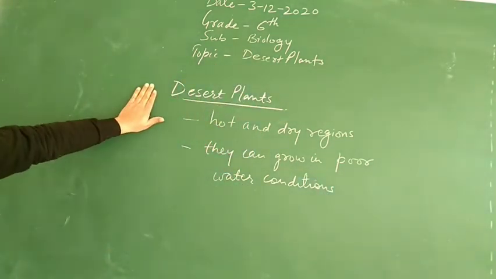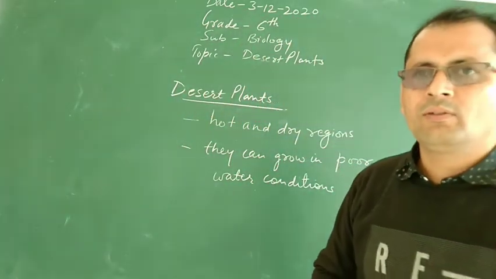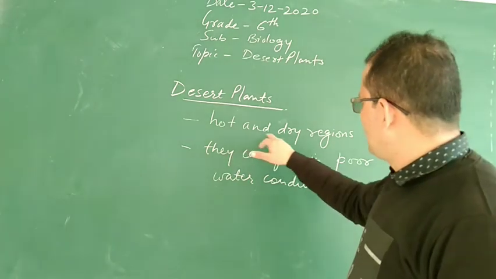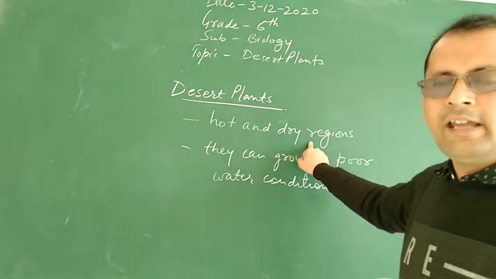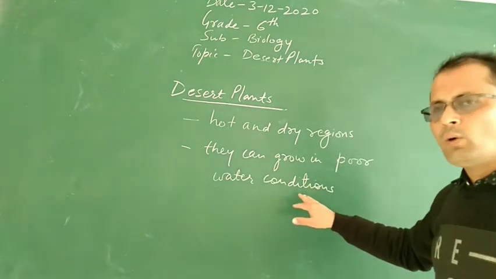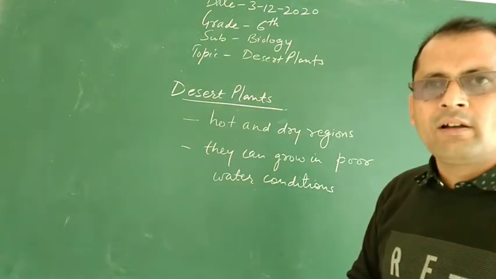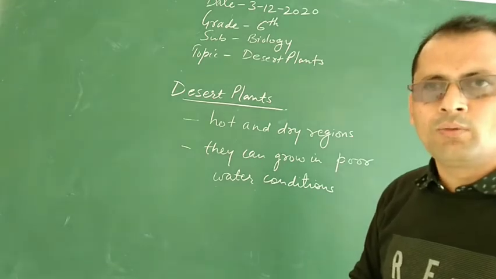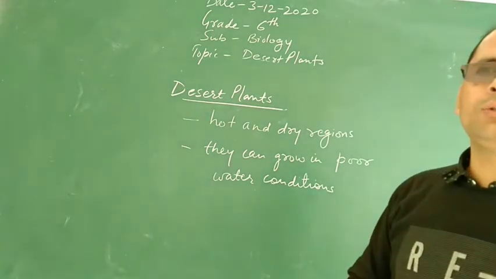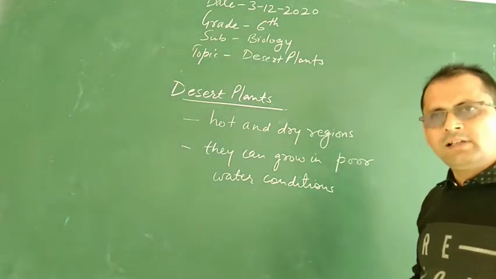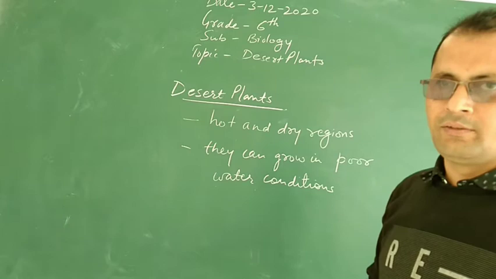So basically the desert plants have adapted themselves to survive in hot and dry areas or dry regions. Okay, they have the ability to grow in poor water conditions. It means they require a very little amount of water. Okay, if the amount of water available to these plants is less, still these plants are able to grow, they are able to survive.